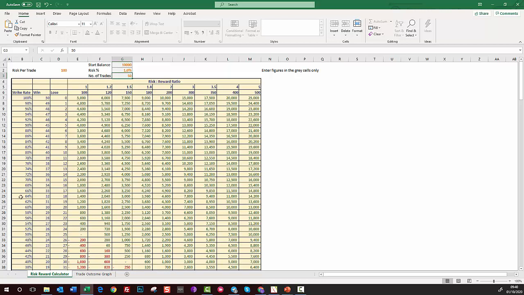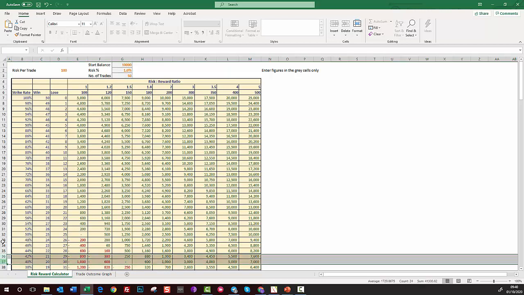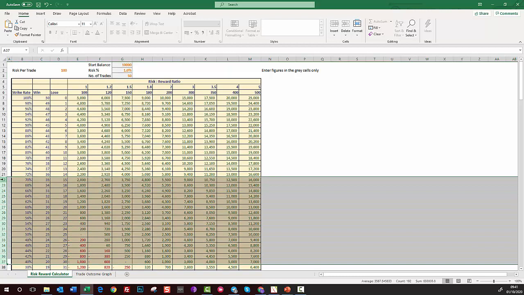I know my strike rate is somewhere in the region of 40 to 70%. Okay, and to make $2,500 a month, I know that if I'm going to go with a 1.5 risk reward, I need to be hitting a 60% strike rate. If I go with a 1.8 risk reward, I need to hit a 54% strike rate. And if I go with a 2-to-1 risk reward ratio, I need a 50% strike rate.